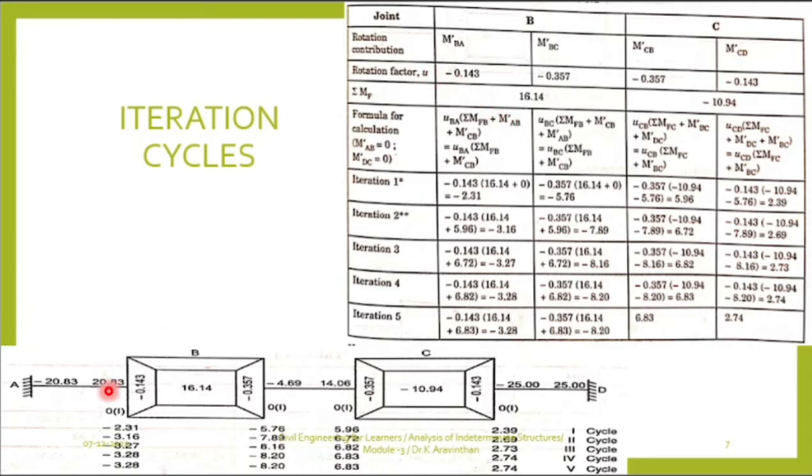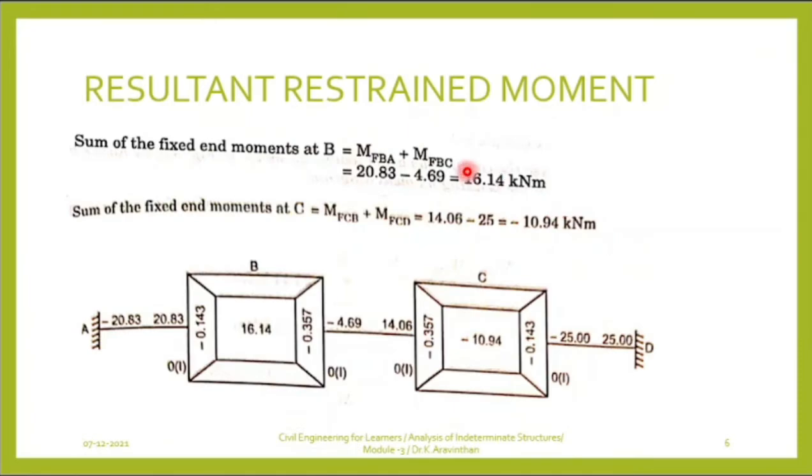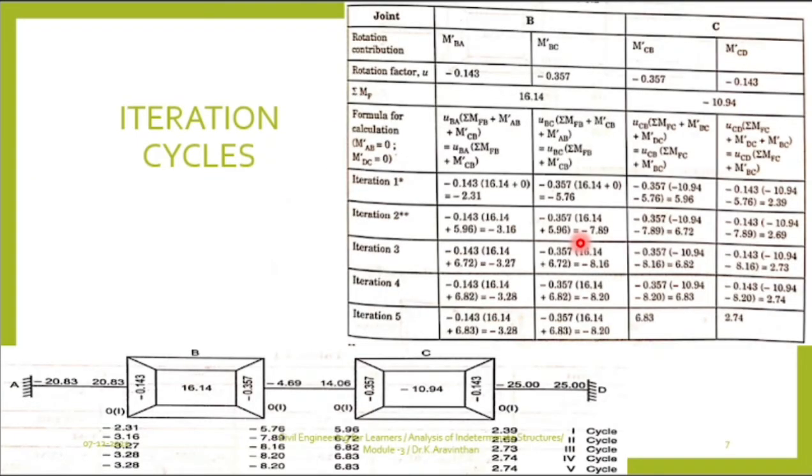You will have the moment here, that is 20.83 will be your M dash AB. So I can show here. So you will have 16.14 and minus 10.94, and plus M dash AB plus M dash CB.